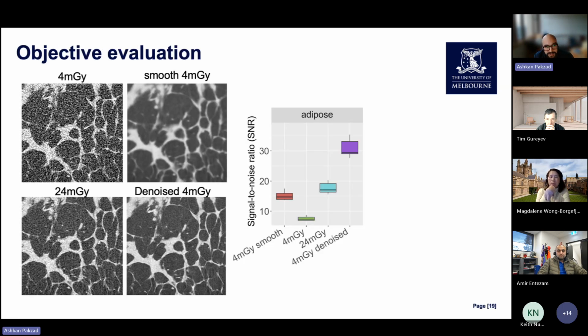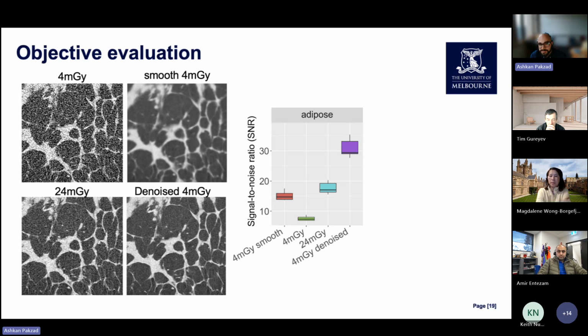And so we can go ahead with an objective evaluation of all this in terms of SNR. So we can measure the SNR in these test images, as I said before.